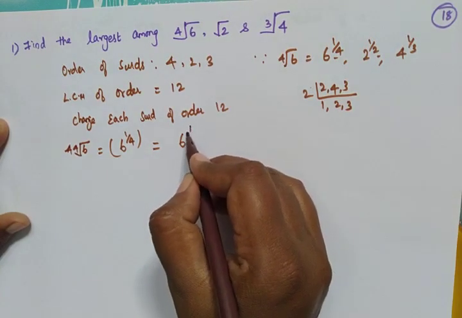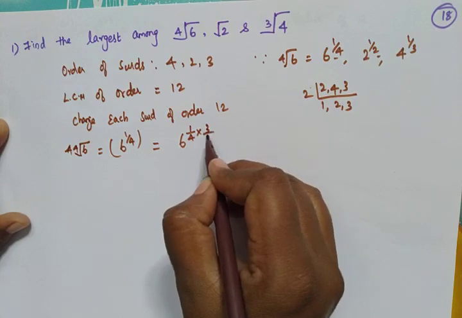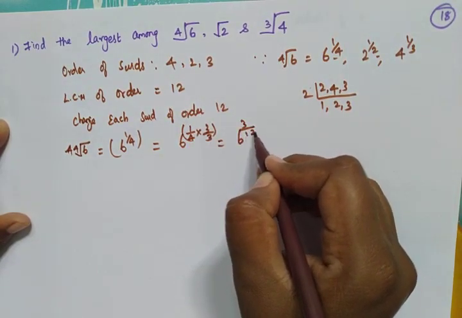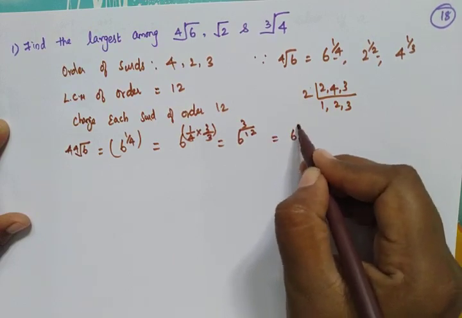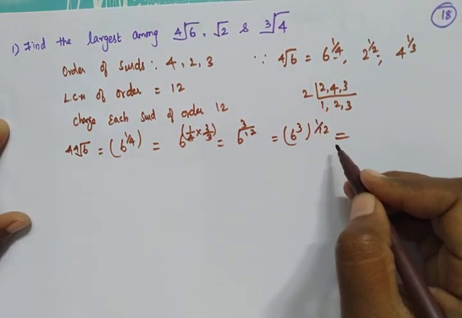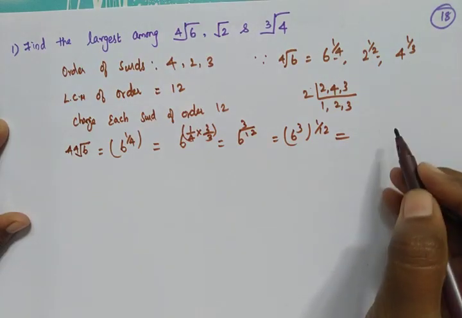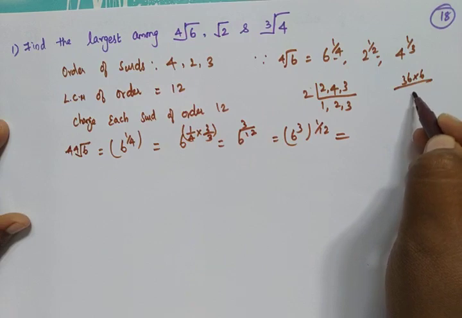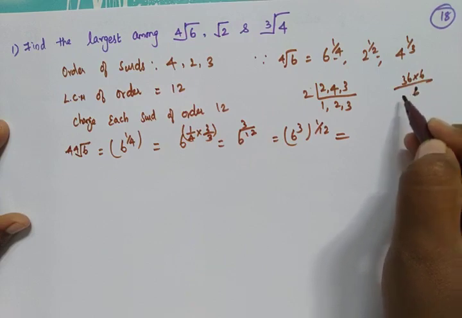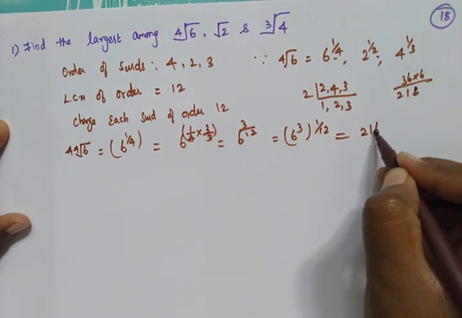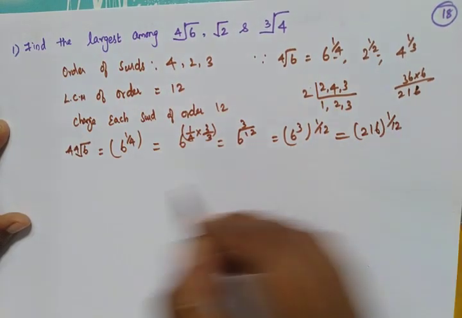So 6 power 1 by 4 into 3 by 3, which is equal to 6 power 3 by 12, or we can write this as 6 power 3, the whole power 1 by 12. What is 6 power 3? 6 into 6 is 36, 36 into 6 is 216. So which is equal to 216 the whole power 1 by 12.